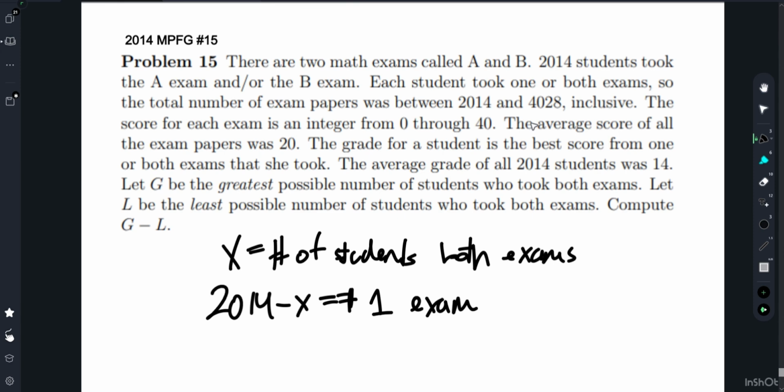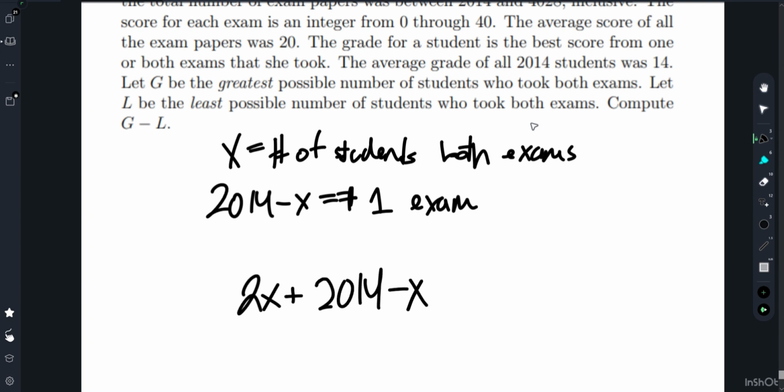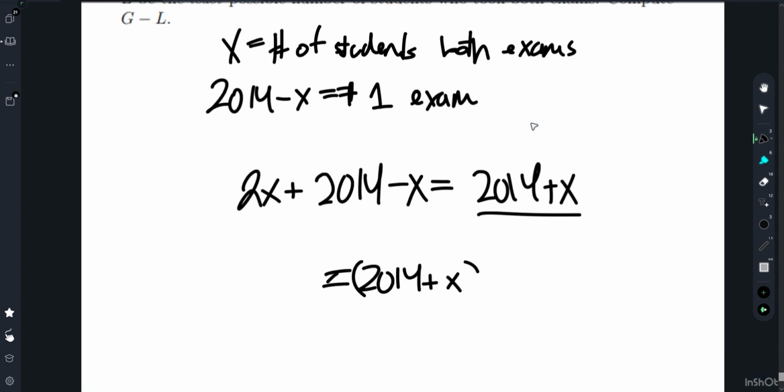So the total number of exams taken was 2x plus 2014 minus x, and this is equal to 2014 plus x. So this is the total number of exams taken, and so the sum of all the exam papers is equal to (2014 plus x) times 20.